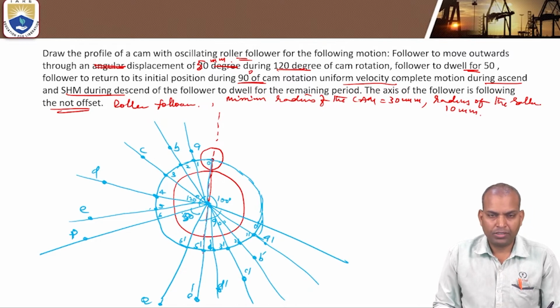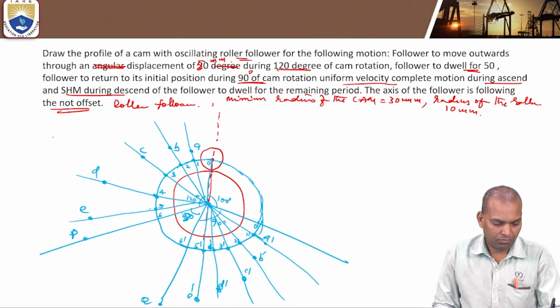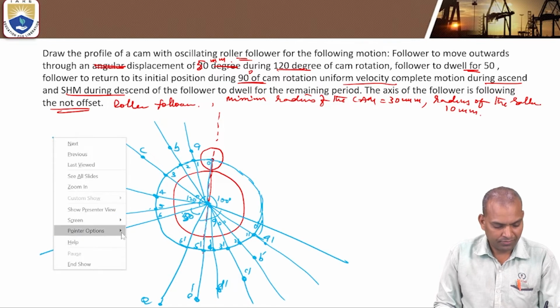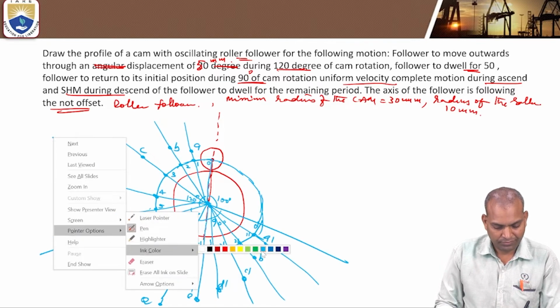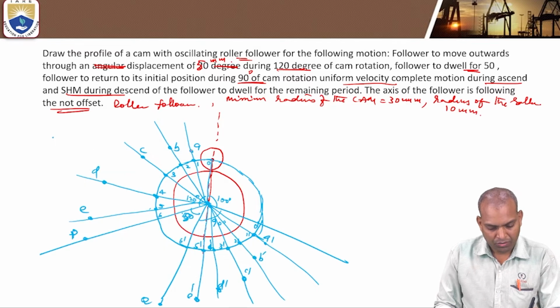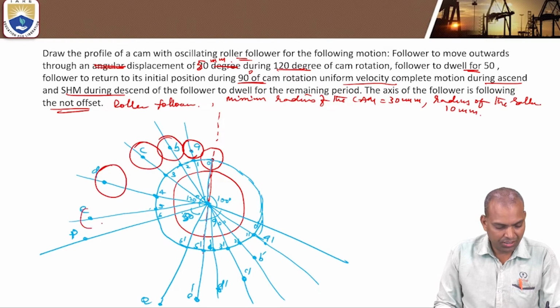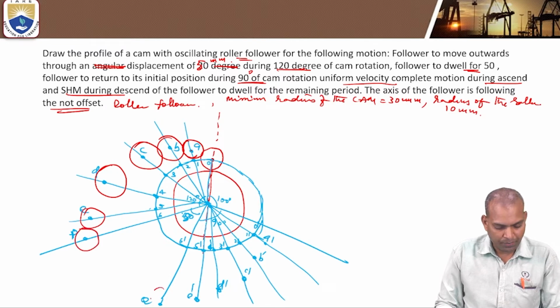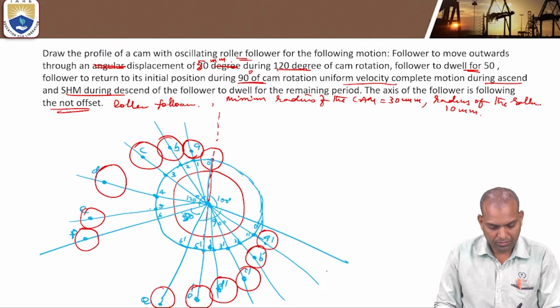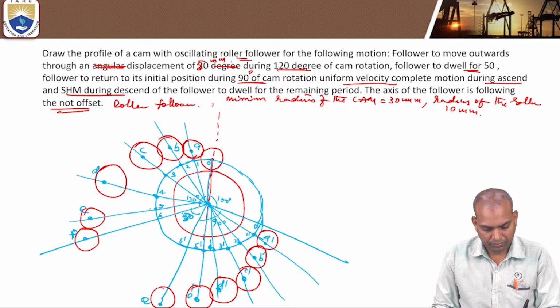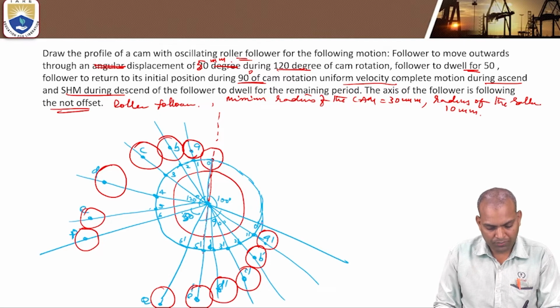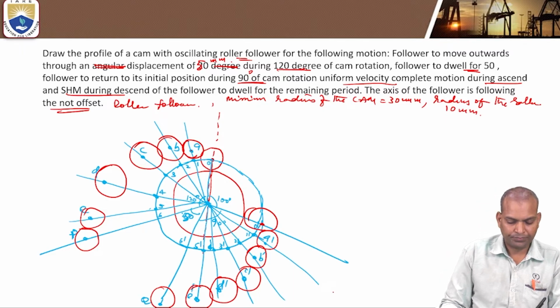These are the centers of the roller. So now we have to draw the roller. A is the center, draw a roller. These rollers may intersect each other. It doesn't matter. No problem. And finally, point O comes. This is the center, touches.